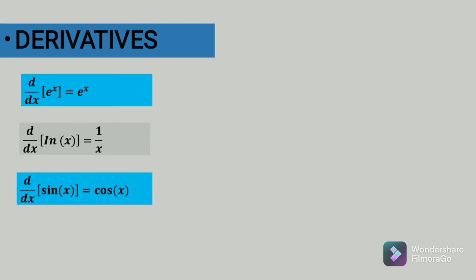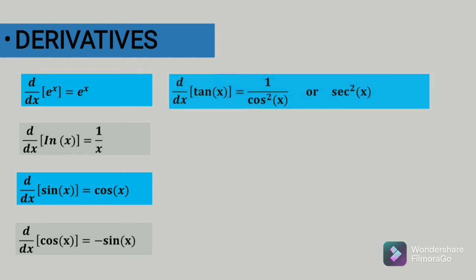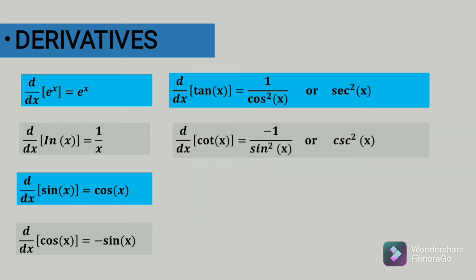The derivative of sine of x is equal to cos of x. The derivative of cos of x is equal to negative sine of x. The derivative of tangent of x is equal to 1 over cos of x squared, or secant x squared. The derivative of cotangent of x is equal to negative 1 over sine of x squared, or negative cosecant x squared.